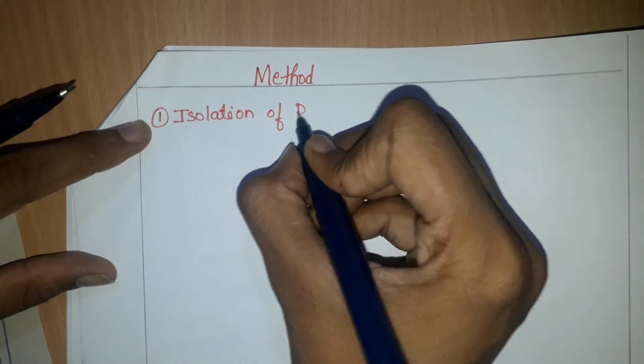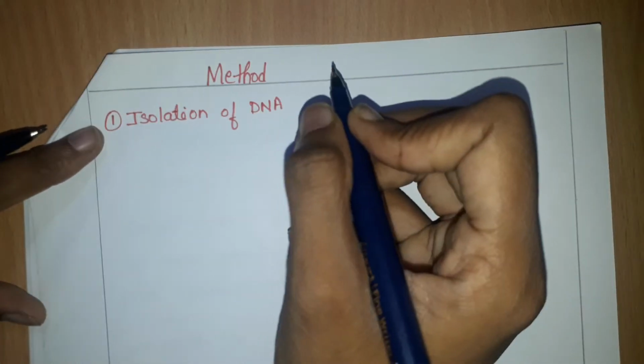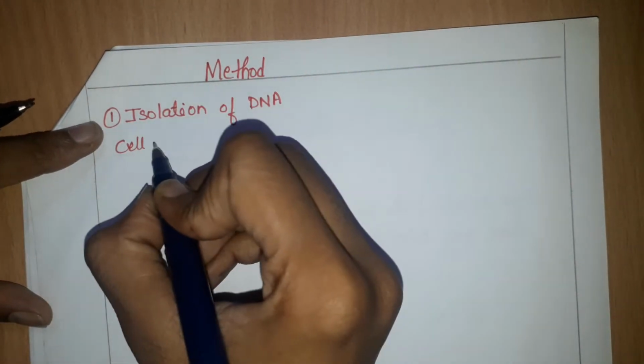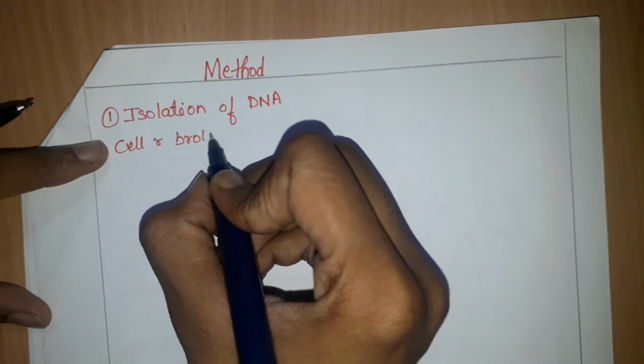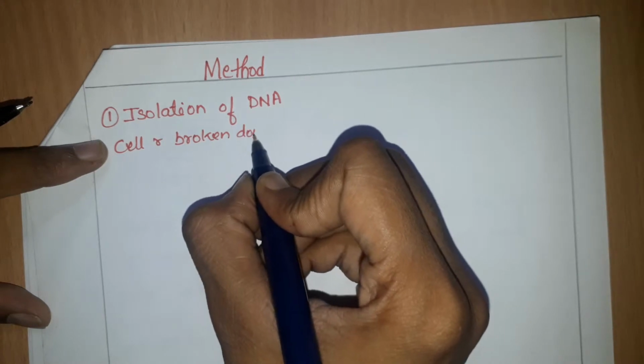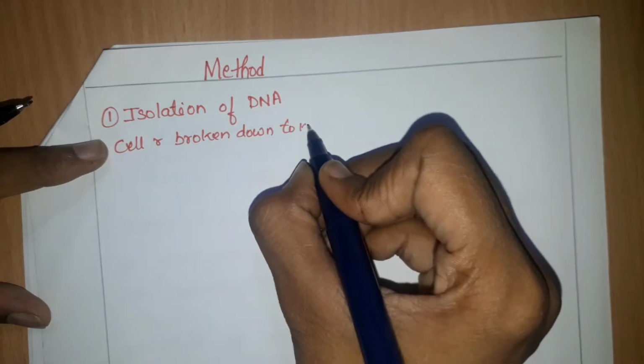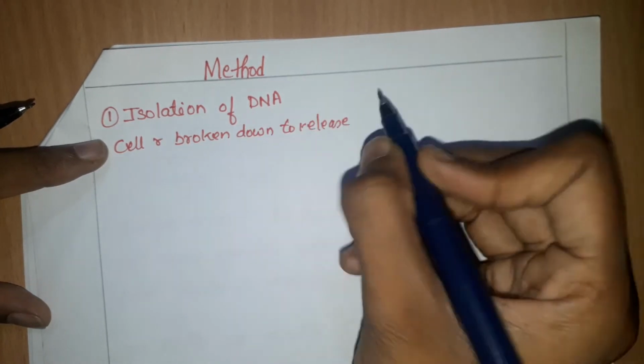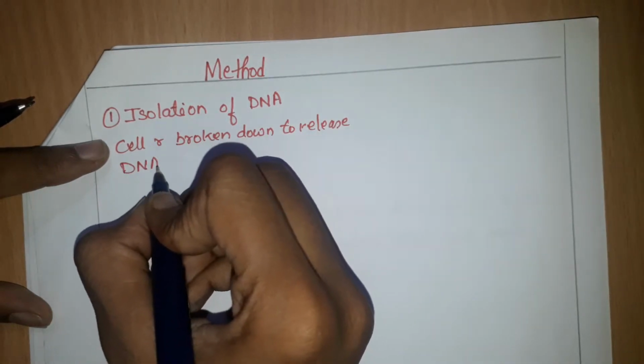Isolation of DNA. First, cells are broken down to release DNA.